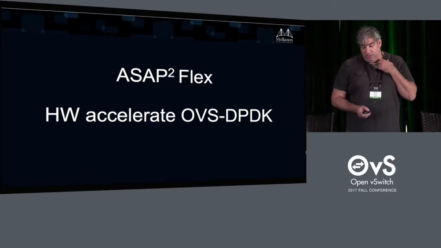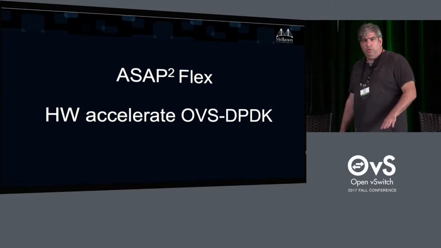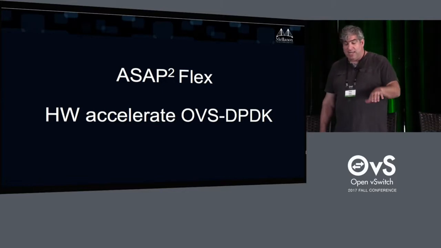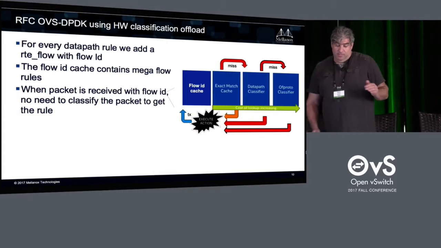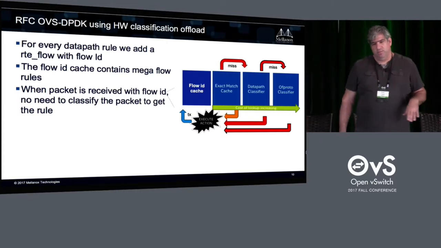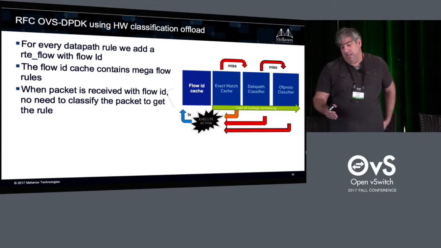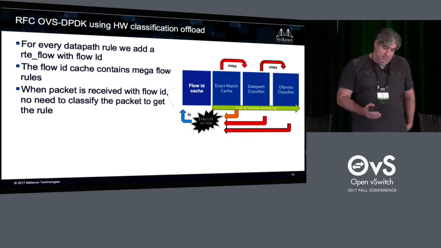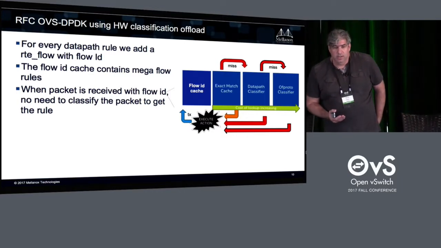So I will continue with ASAP Flex. As I said, we want to be flexible and just accelerate OVS DPDK. As you're probably familiar with this picture, there is the EMC and then the megaflow rules, and that's how it works today.